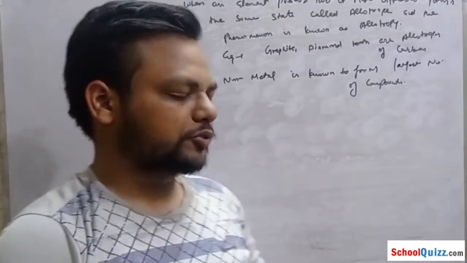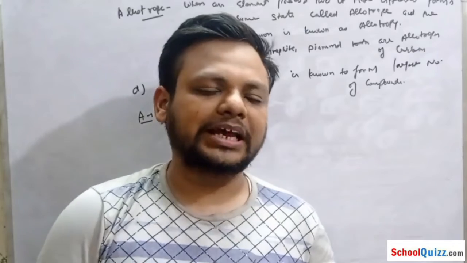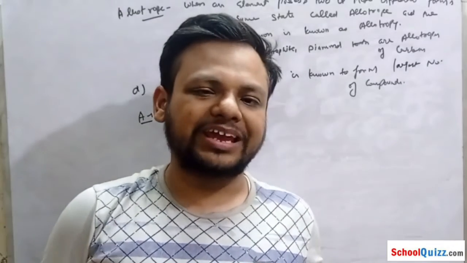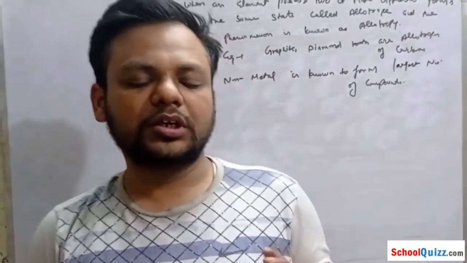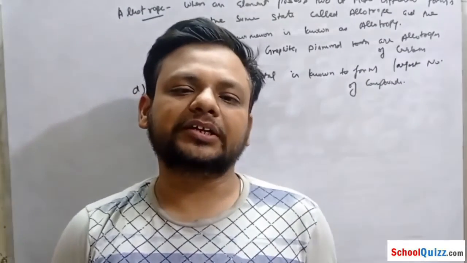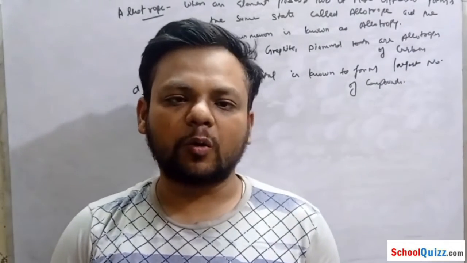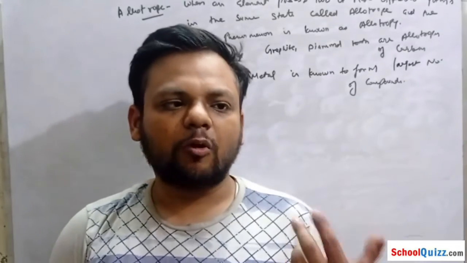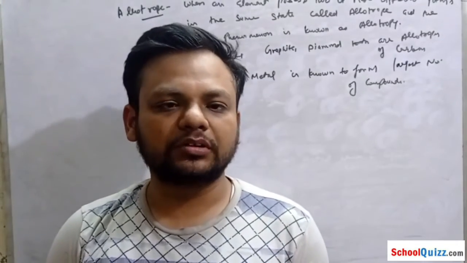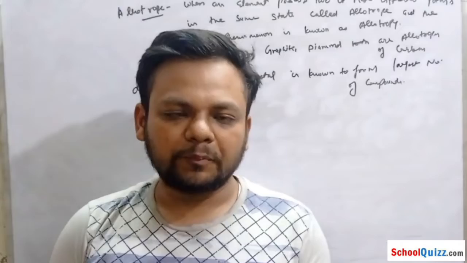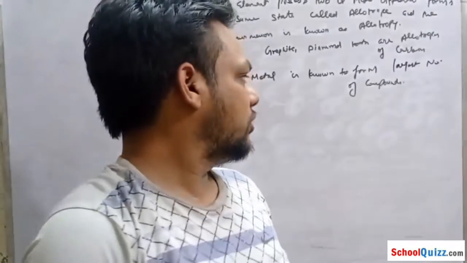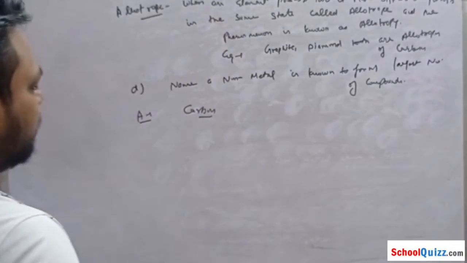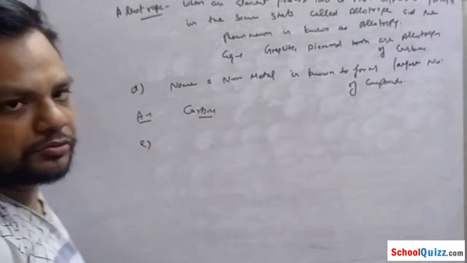In class 10 you will also discuss carbon. It has the property of catenation, so it can make a huge number of compounds. As we know, diesel, petrol, kerosene oil and CNG are all hydrocarbons, whose main constituent is carbon. Carbon is also a non-metal.